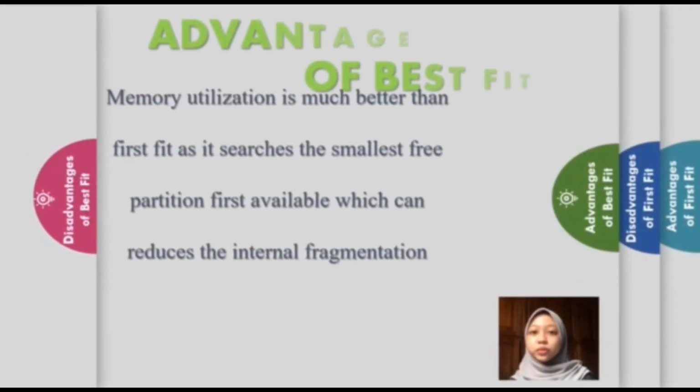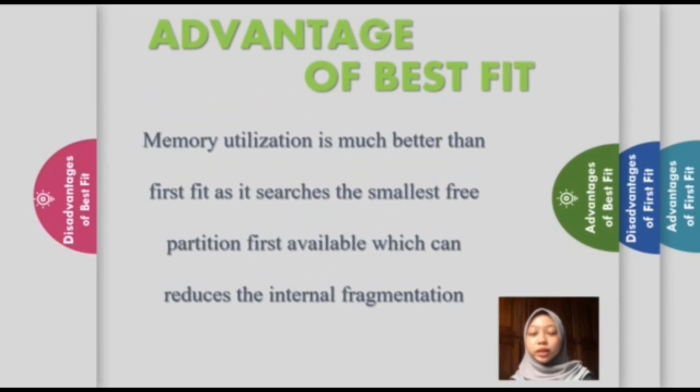Next, we move to best fit. The advantage of best fit is that the memory utilization is much better than first fit, as it searches for the smallest free partition that is first available, which can reduce the internal fragmentation.